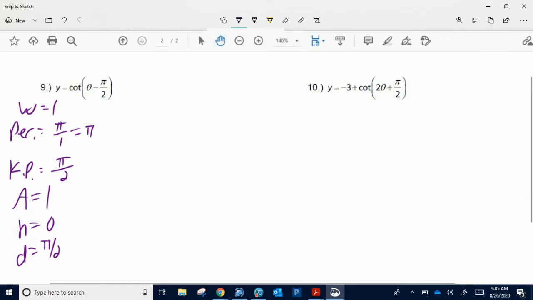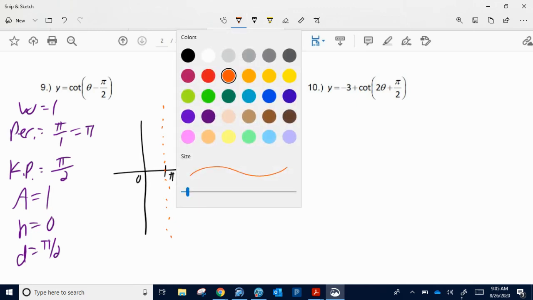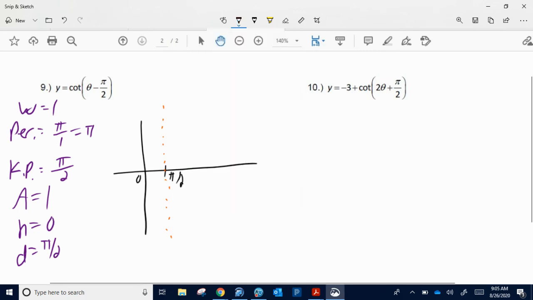So on the graph, phase shift tells you where to start. So we have 0, pi over 2. That's the beginning of the problem. Cotangent begins with the asymptote. Move forward. Key point of pi over 2. Pi over 2 plus pi over 2 is pi.